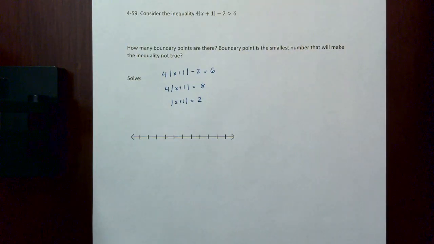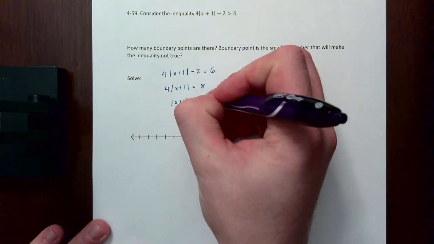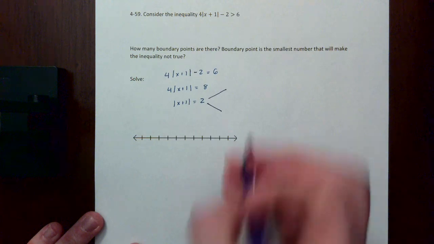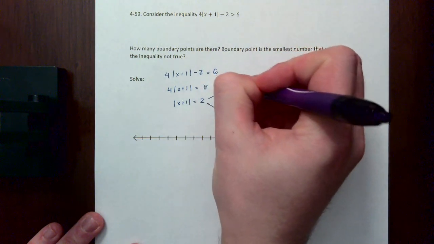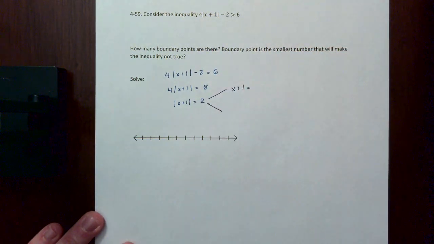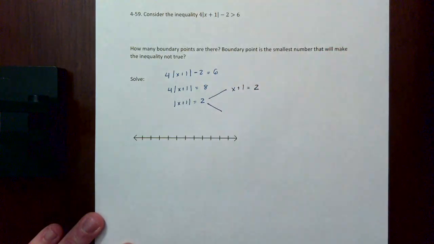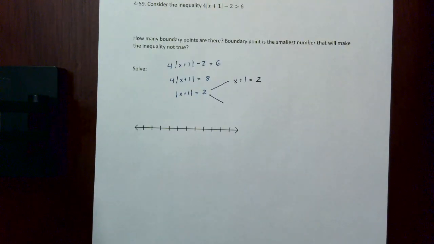Now, this is where the absolute value gets a little bit different, because when we are talking about the distance from 0, we're talking about both the positive values and the negative values. So I'm going to split them up. x plus 1 is going to equal the distance from 2 to 0. One of them, obviously, is going to be 2, because 2 has a distance of 2 from 0.